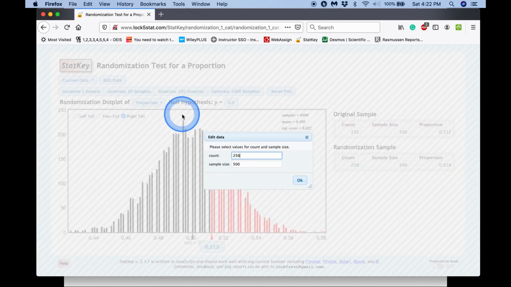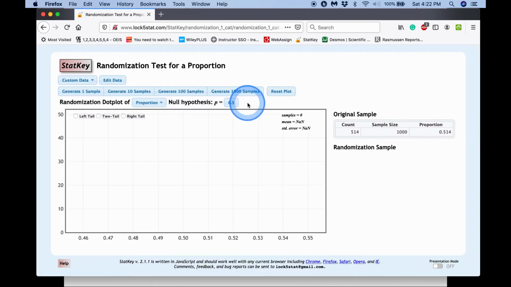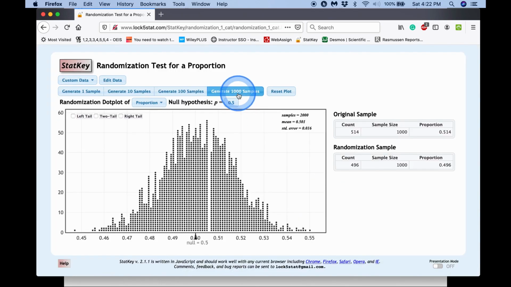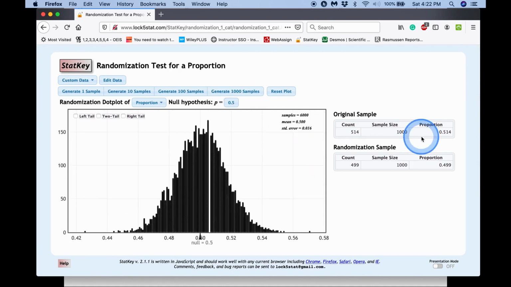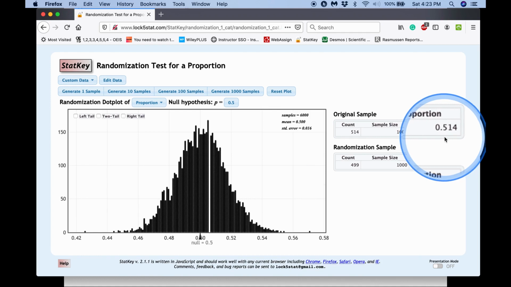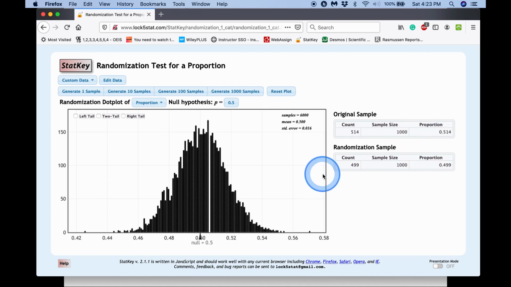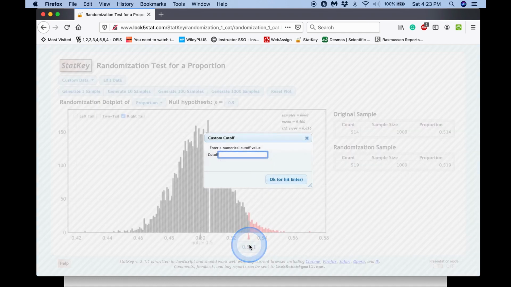Let's edit the data. Now we're going to look at a sample of size 1,000. We had 514 that preferred Big Fizz out of the 1,000. We're going to generate several thousand samples under this null hypothesis. Our observed proportion, again, is not changing that much. It's 0.514. Let's find the p-value at 0.514.